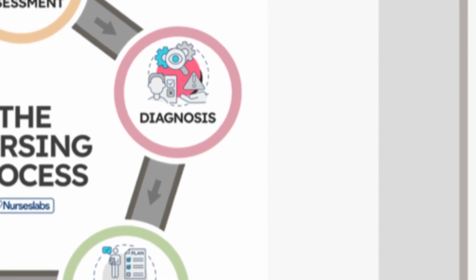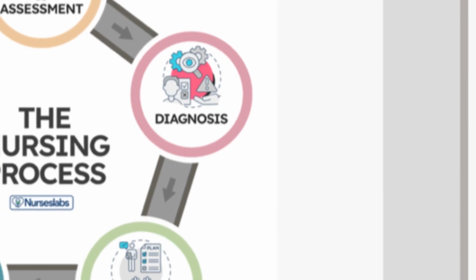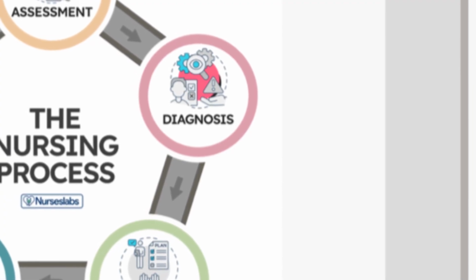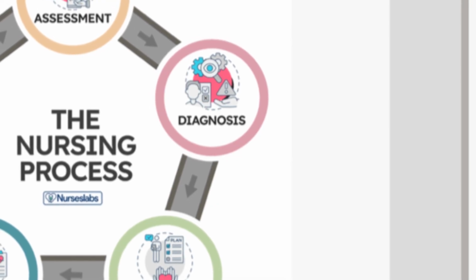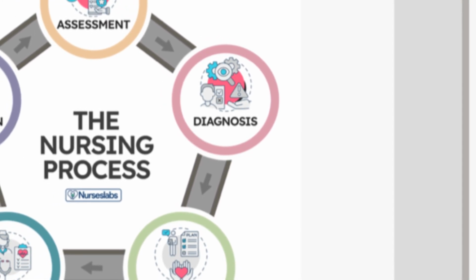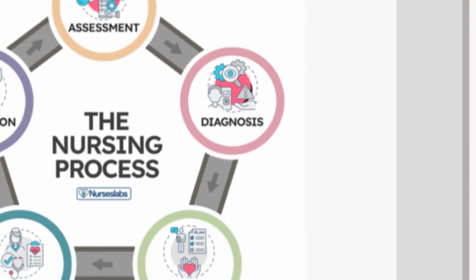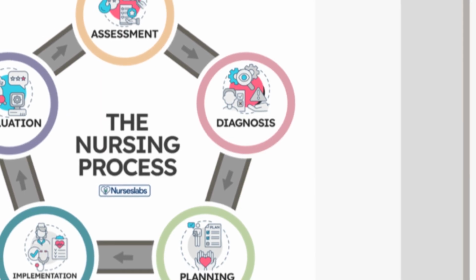Nursing diagnosis relates to assessment data and determines how the nurse will plan care. Often uses the PES model, problem, etiology, signs, and symptoms. Planning plans patient outcomes with short and long-term goals. Goals should be measurable, realistic, achievable, and have target dates.